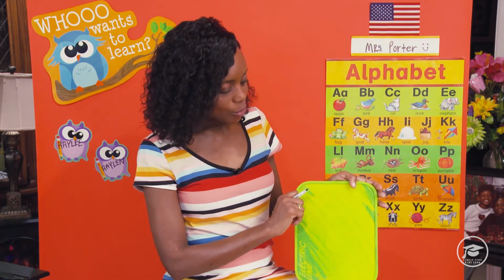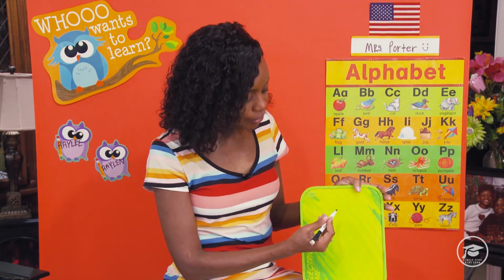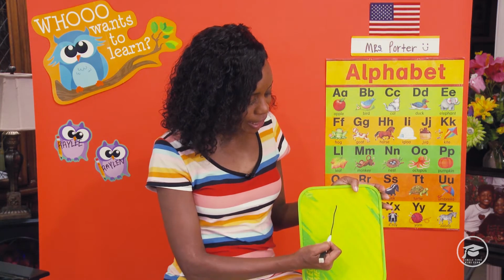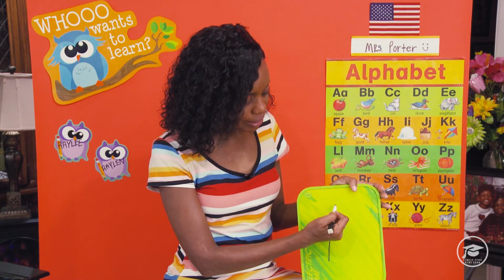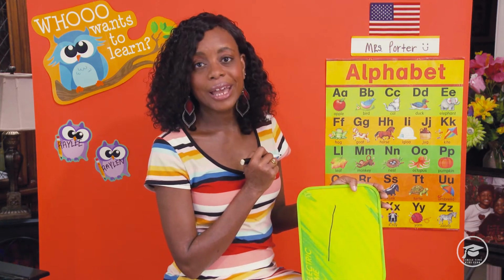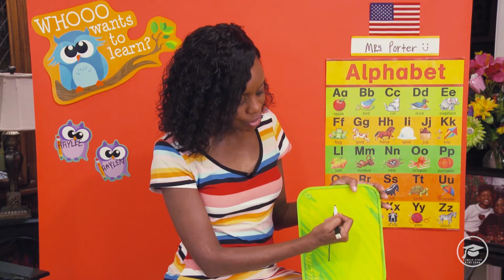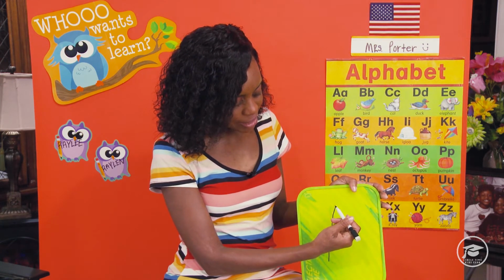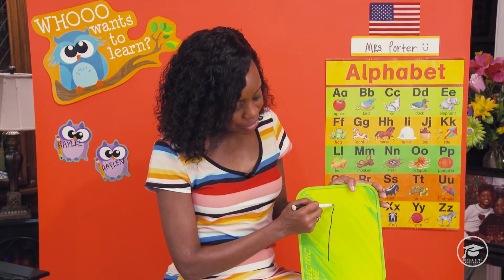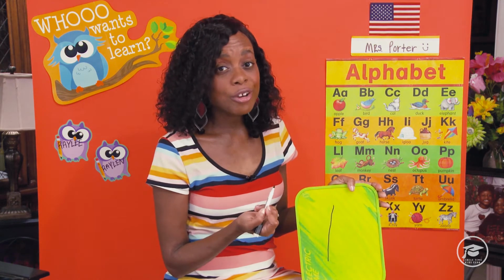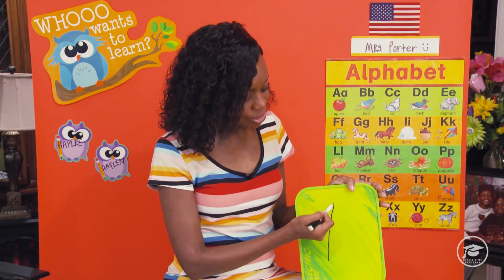How we start with the letter A, which is the first letter of the alphabet, we're going to do a line. See that? One line. And then we're going to start at the tip. Now you notice this line is a little slanted. It doesn't have to be perfect, okay? Because we're just learning.